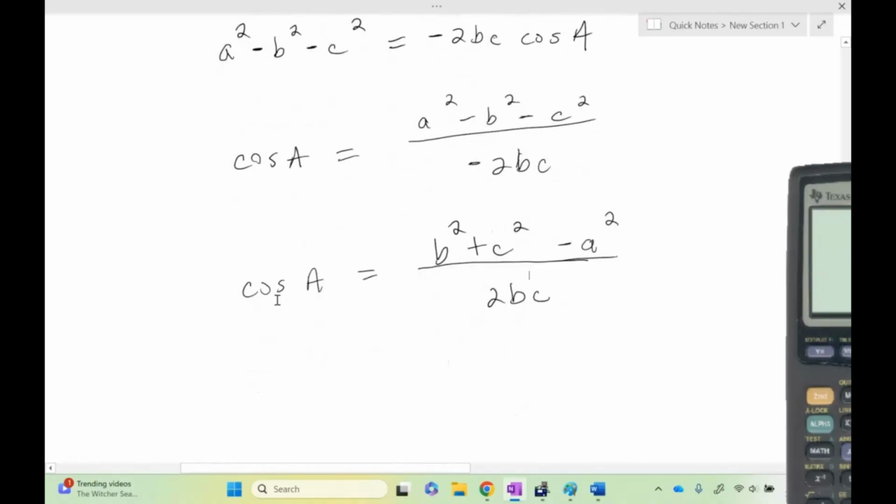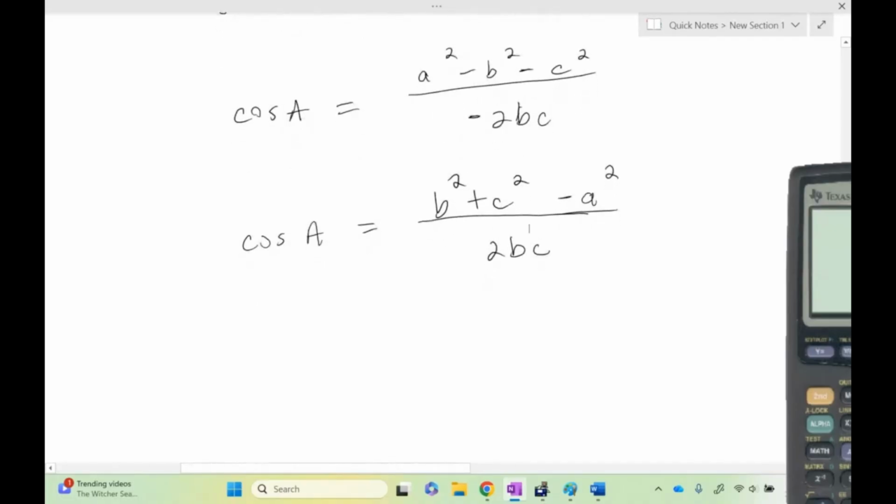And then in order to solve for A, not the cosine of A, we take the arc cosine of both sides. So A is equal to the arc cosine of b squared plus c squared minus a squared over 2bc.